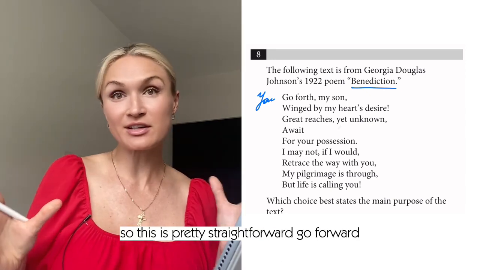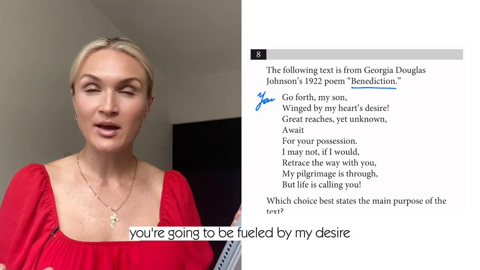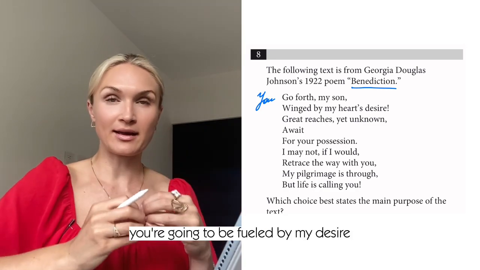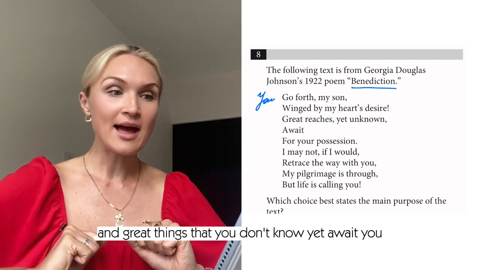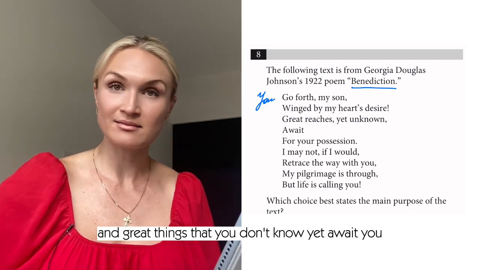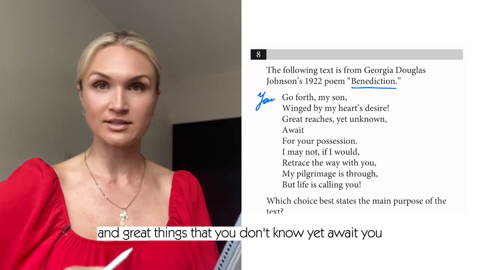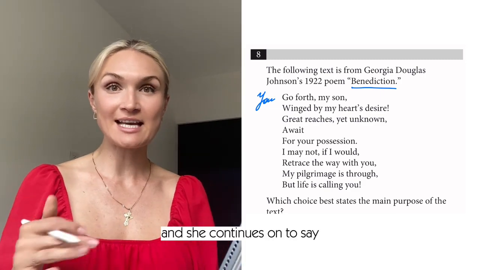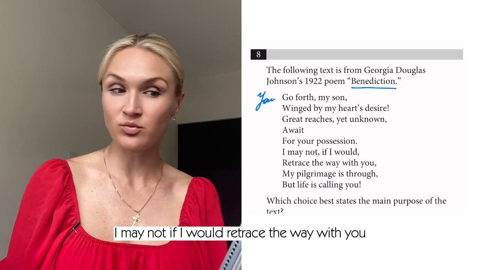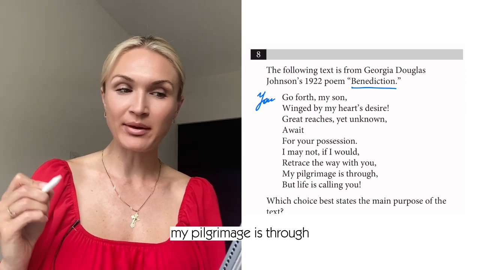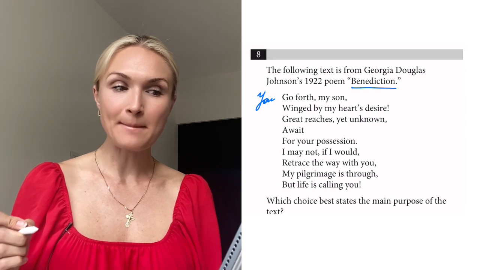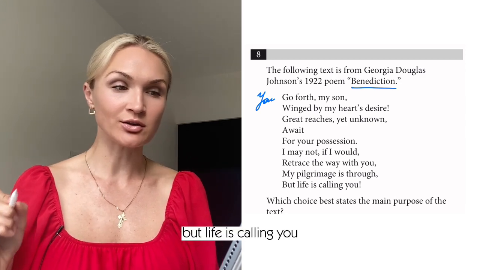So this is pretty straightforward. Go forward. You're going to be fueled by my desire. I wish that you go forth with your life, and great things that you don't know yet await you. And she continues on to say, I may not, if I would, retrace the way with you. My pilgrimage is through, but life is calling you.